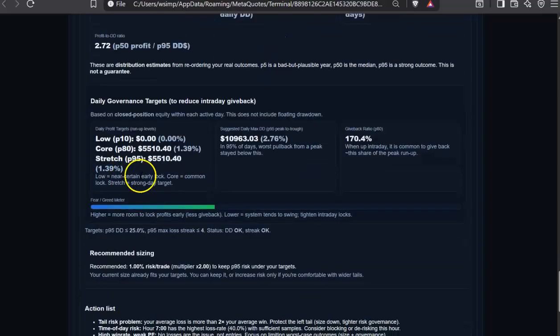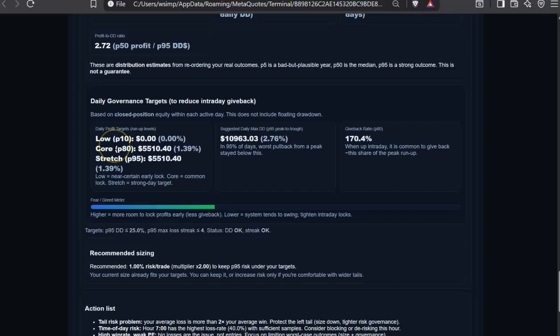Now, here is the daily governance targets. So basically what this is telling us, so this low P10 is basically saying it'll be the lowest reading for profit targets. And you can see 0%, so this would be like 100% of the time it would hit a target, which is not possible.